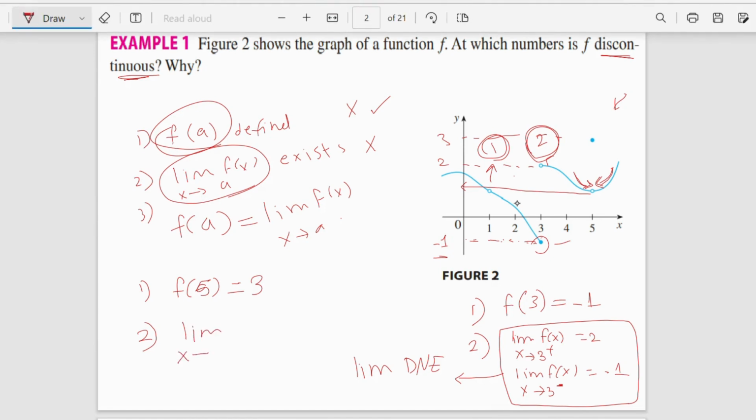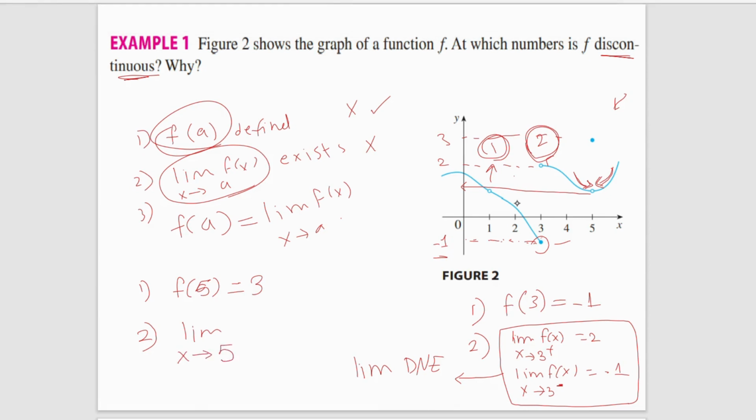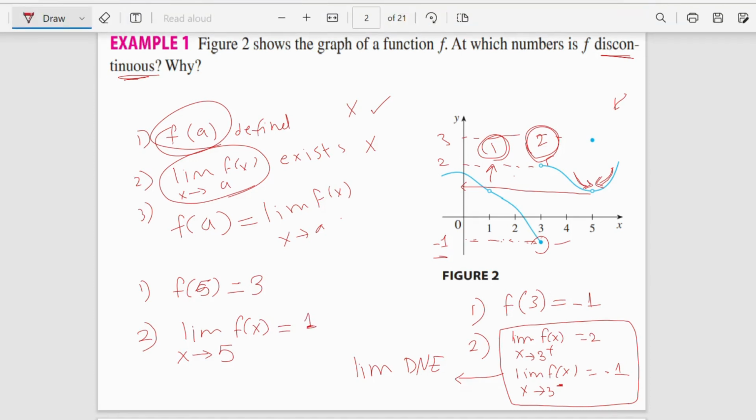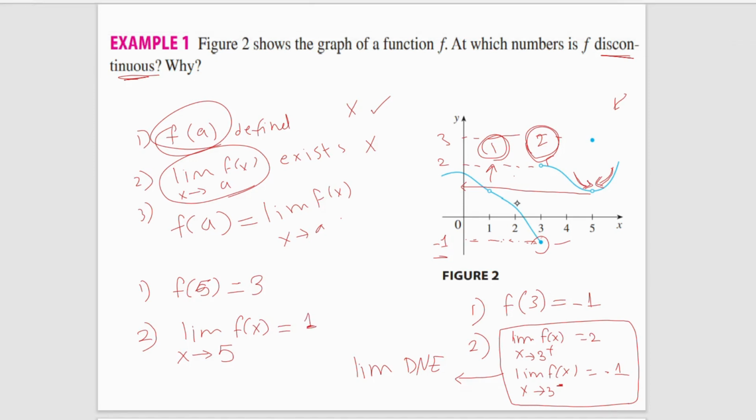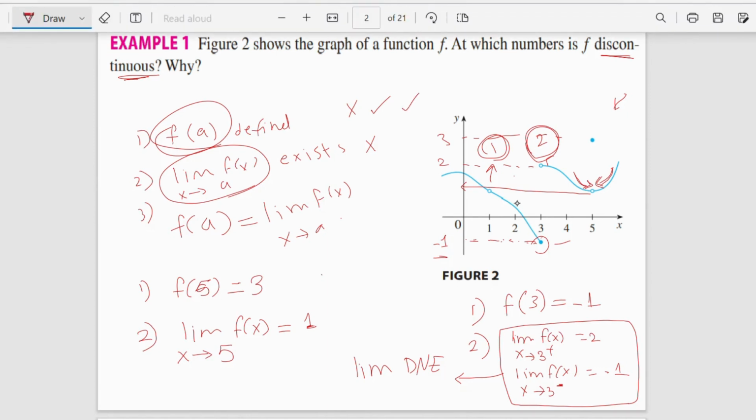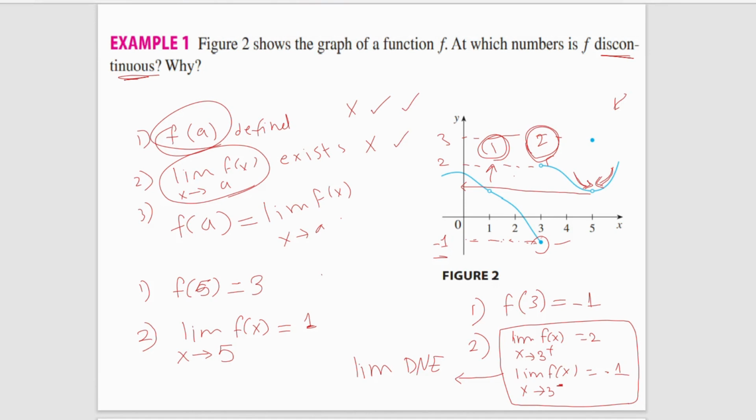The limit when x goes to 5 for f of x exists, which is equal to 1, or approximately 1. And I said it exists because the limit from the right hand side is equal to the limit from the left hand side. So the first condition and the second condition are satisfied.